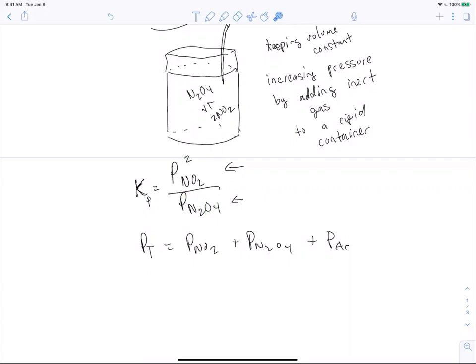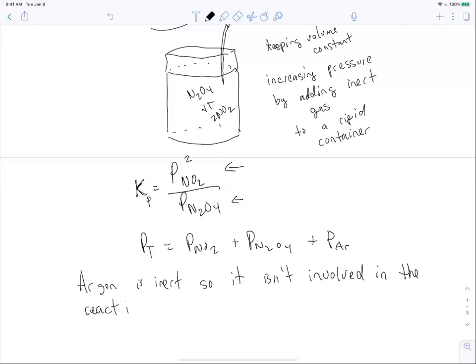Argon, because it's inert, isn't involved in the reaction, so it doesn't appear in the equilibrium expression.